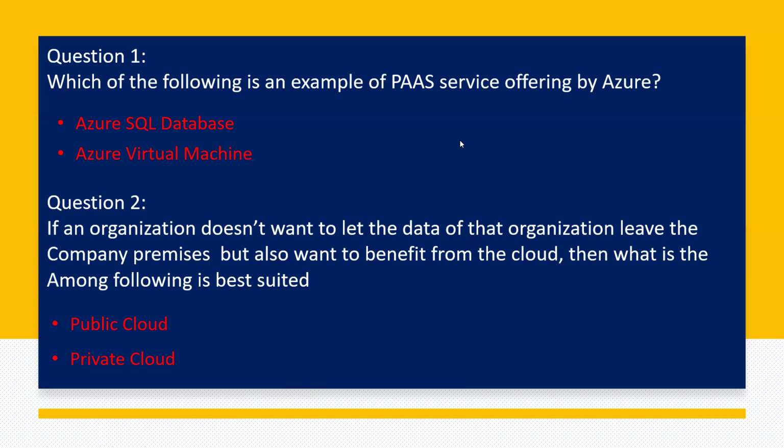Virtual machine will come under IaaS because you are getting the infrastructure. So you have to do all the software installation, everything, yourself. So we just get a Unix or Windows machine, that's it, right? Unix, yes, correct. Got it. Fine.